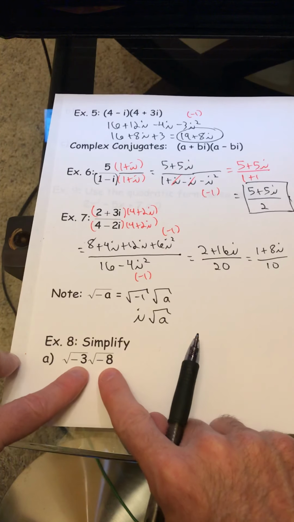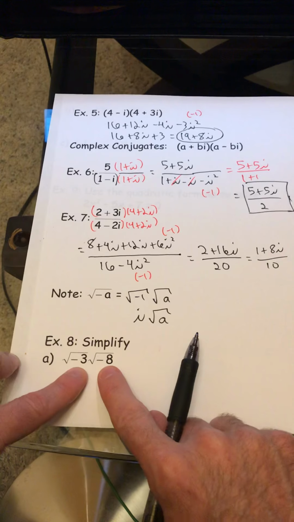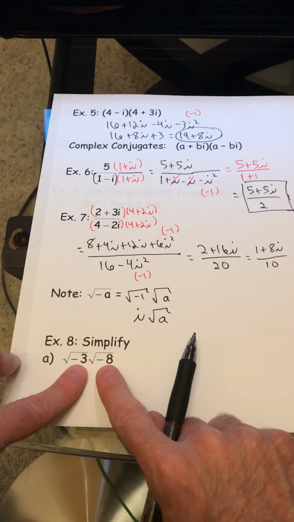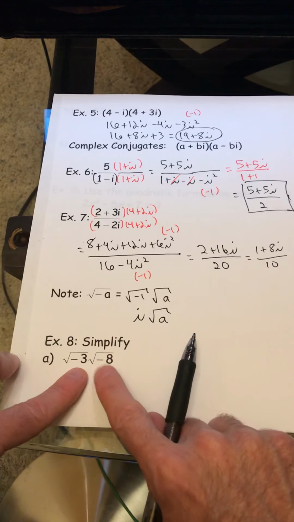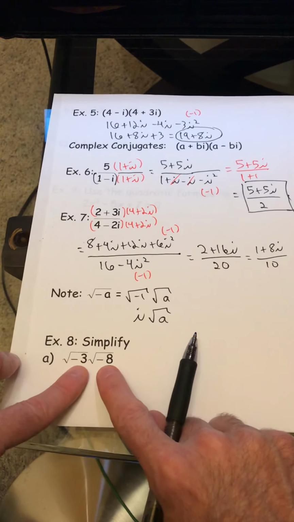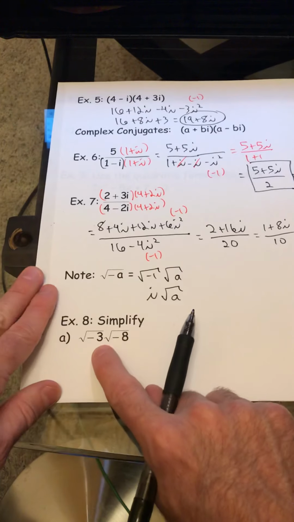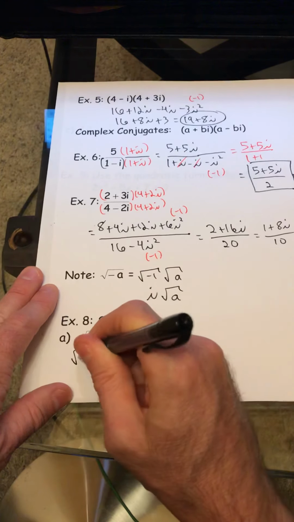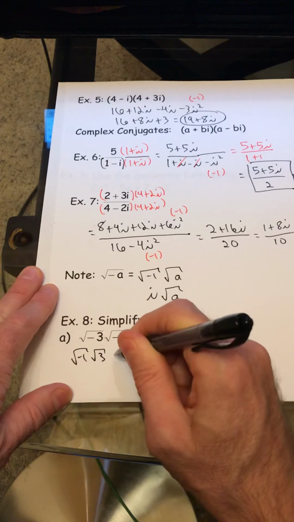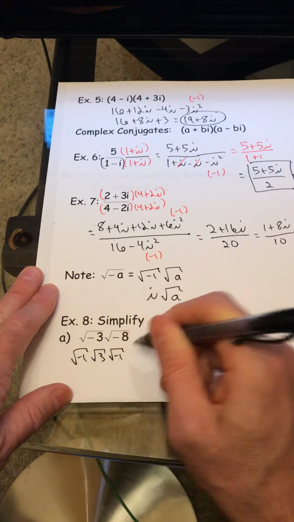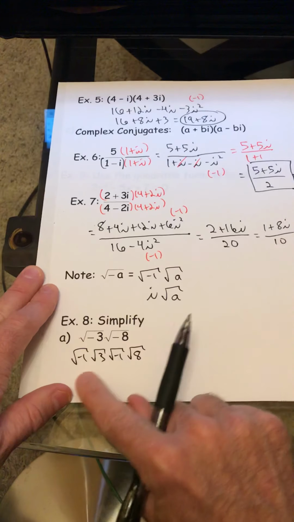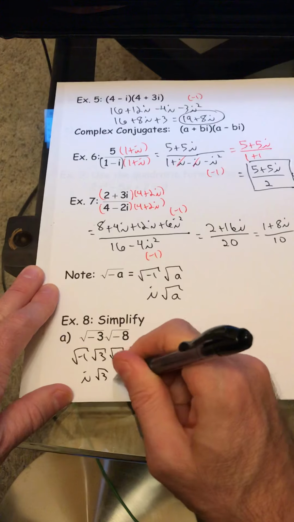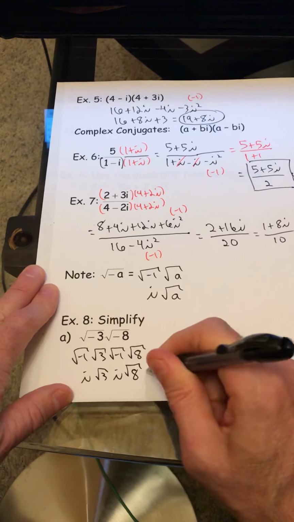Now, the reason why this is important is if you have something like example 8a here, where you are asked to simplify, one of the things that certainly is a common thought is, oh, we have 2 square roots, we can multiply the numbers underneath them. Well, yes and no. The first thing that we do have to do, though, is simplify out the i radical 3, i radical 8.